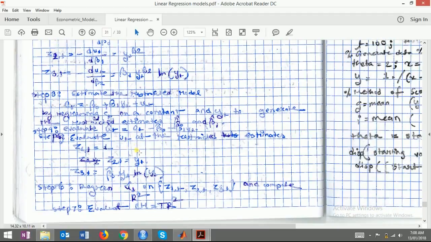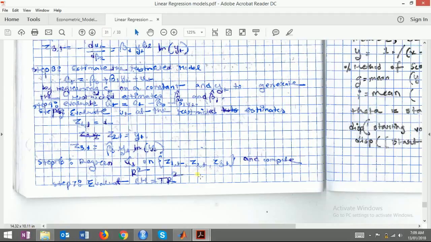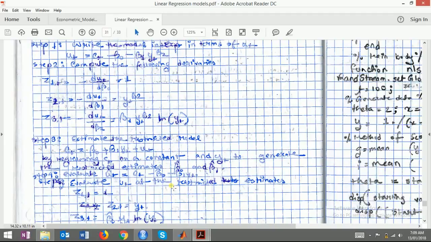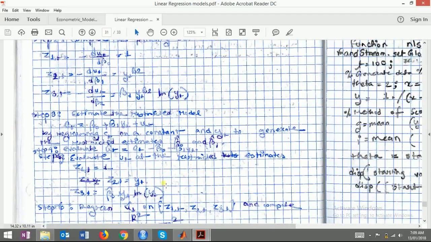Then regress U_T again on Z1T, Z2T, Z3T and compute R square. The LM statistic equals T times R square. So there are 6 steps. First, we need to write the model in terms of the residual. Then we need to compute the Z's. Then we need to estimate the consumption function model by regressing C on the constant and Y_T.